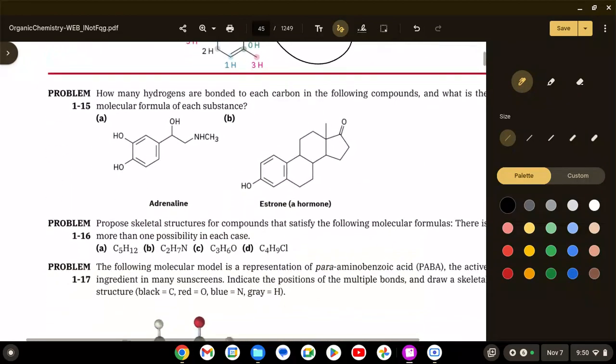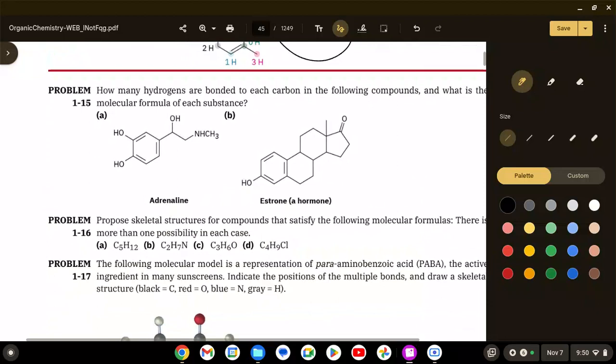So, problem 115. How many hydrogens are bonded to each carbon in the following compounds, and what is the molecular formula of each substance? 1, 0, 1, 1, 1, 2, 3.